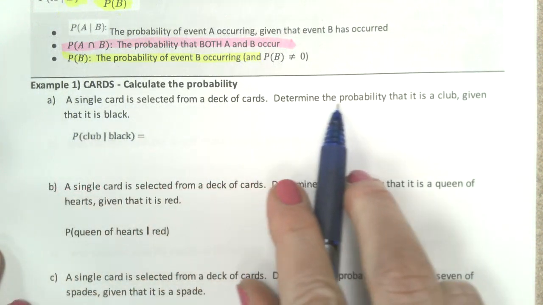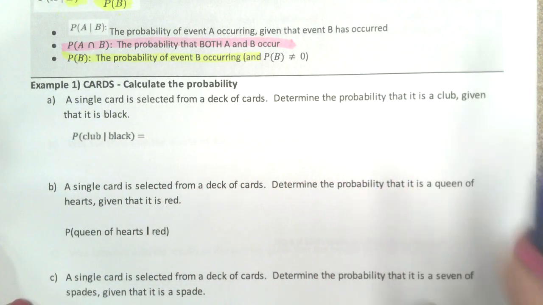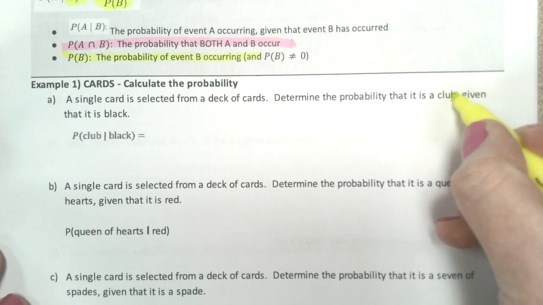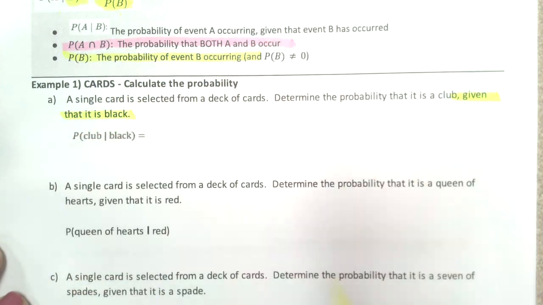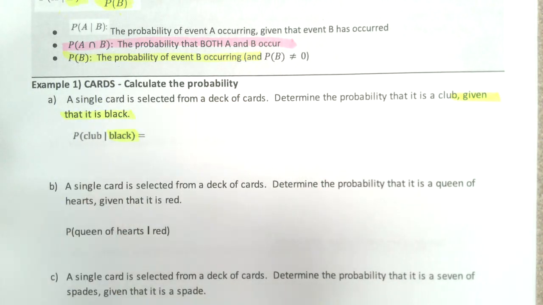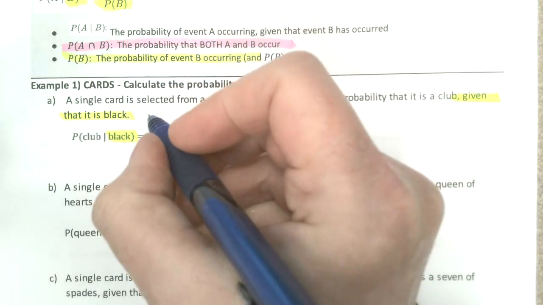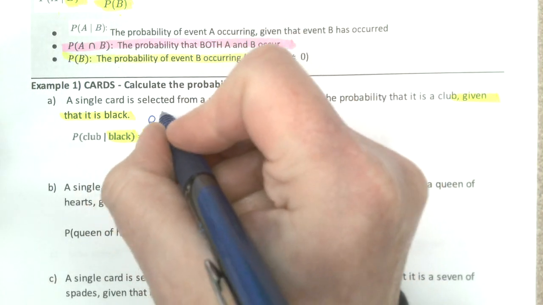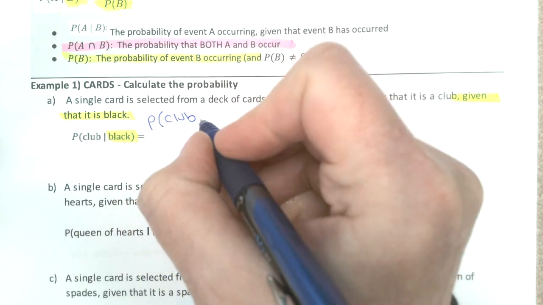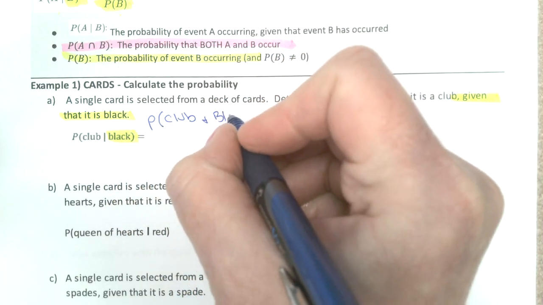A single card is selected. Determine the probability that it is a club given it is black. So given it is black, that phrase goes with this script right here. So this means, what is the probability that your card is both a club and black?